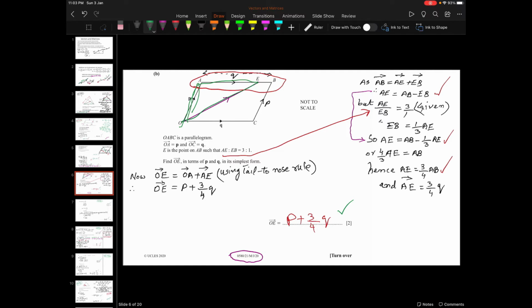Therefore, OE is equal to P plus 3 upon 4Q, because OA vector is equal to P and AE vector we already got 3 upon 4Q. Hence the position vector of E is P plus 3 upon 4Q.